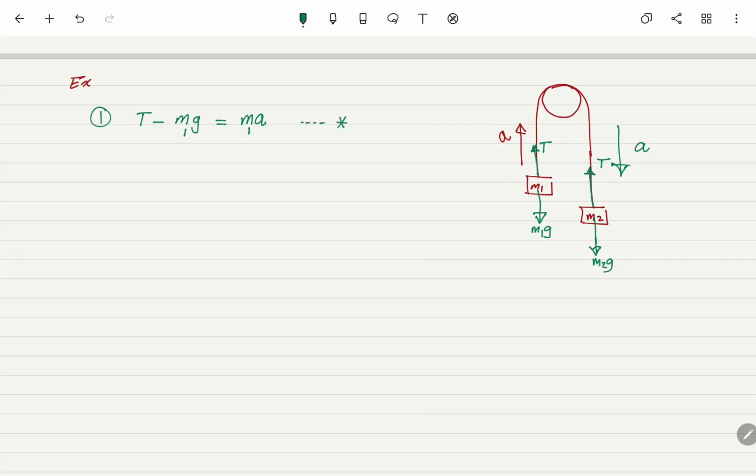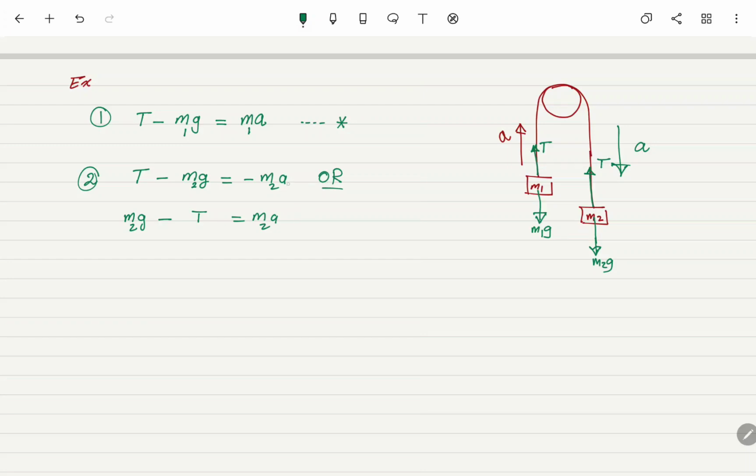Now, for the second case, it's tension minus m2g equal to, the acceleration is going down, so it's minus m2a, or the force with the acceleration start with it. In this case, m2g minus tension equal to m2a. You can consider this or this.